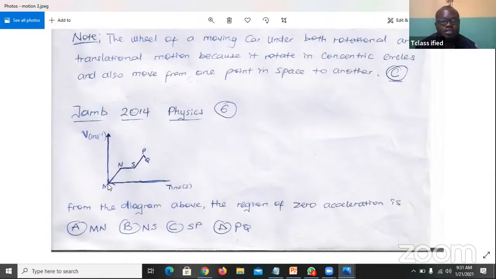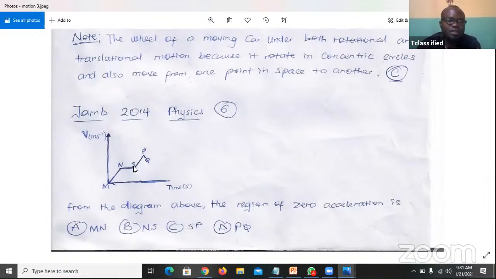So velocity change over time is acceleration. But you can see here from N to S, there was no change in velocity. So the change is zero because it has remained constant at this point. So at this very point, the velocity did not change. And when the velocity did not change, we talk about zero acceleration.